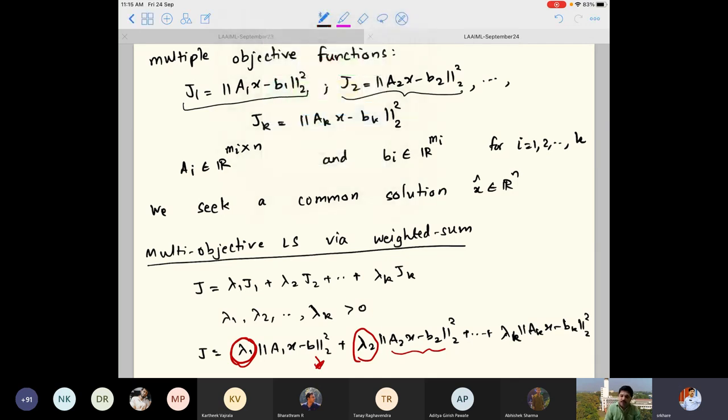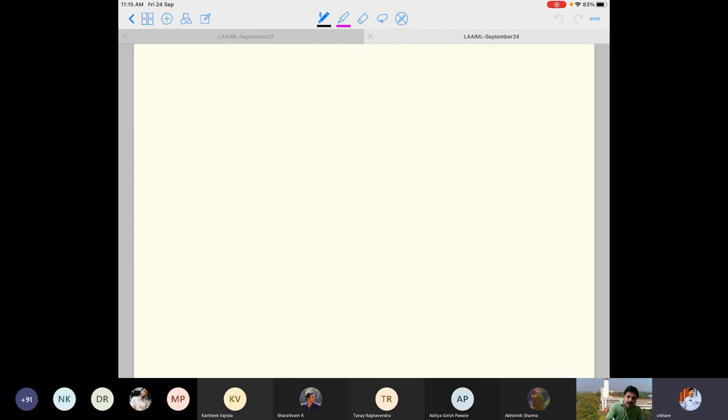And once you have this cost function, I think it is easy to see, right? So what we will do basically is something that Aditya suggested. This J, once again I'll write down here so that it is clear.